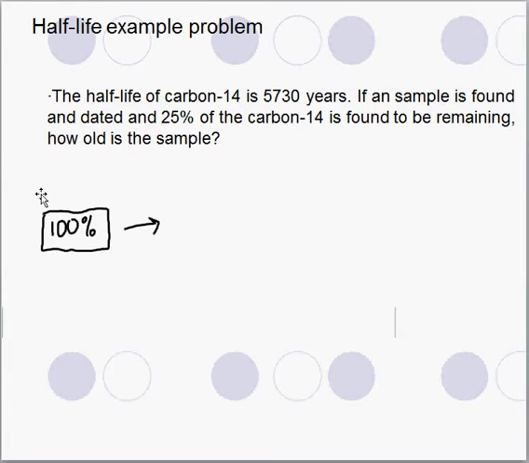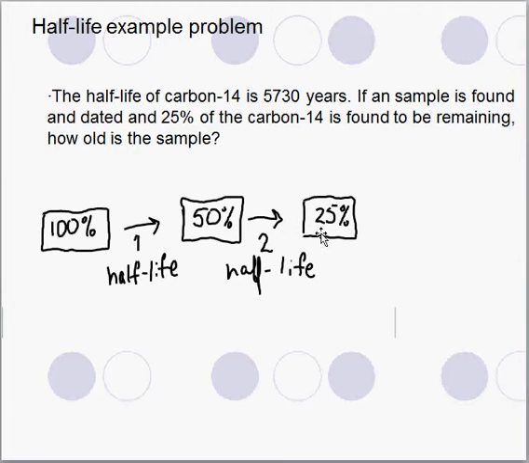So I'm going to put that in a box, and these boxes are where I'm going to keep track of how much of a sample I have, and I'm going to divide those with an arrow. And this arrow is going to represent a half-life. So this is one half-life. After one half-life, I have 50% of the original material. So now I have 50% of my sample remaining. And then it's going to go through another half-life.